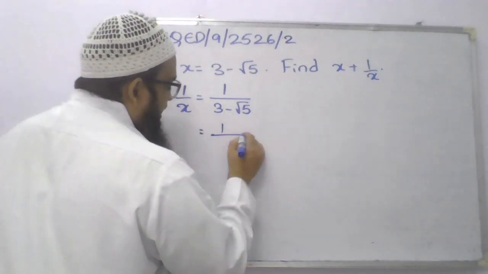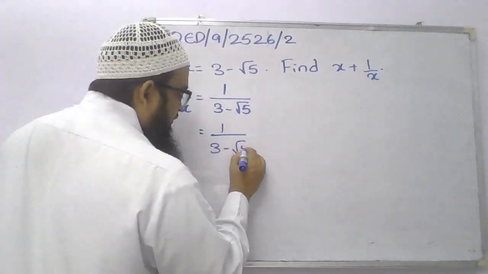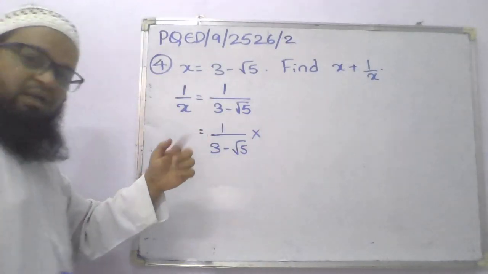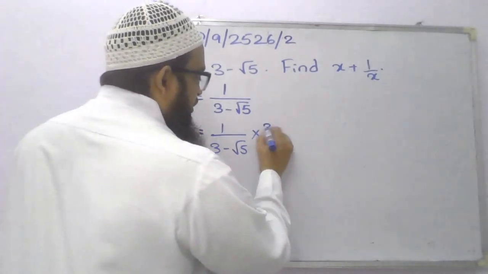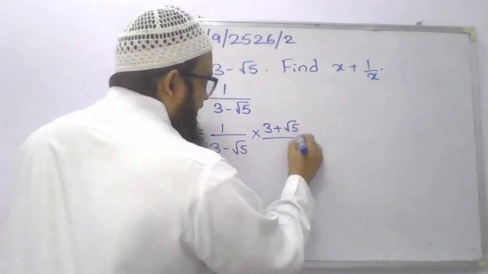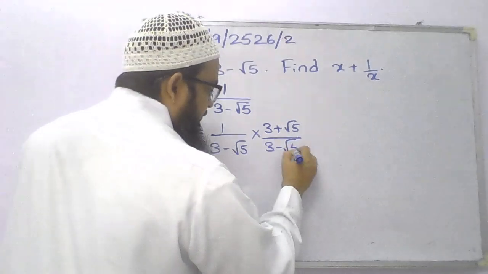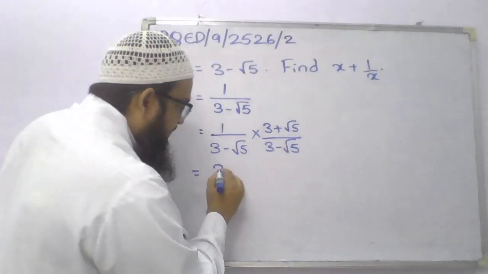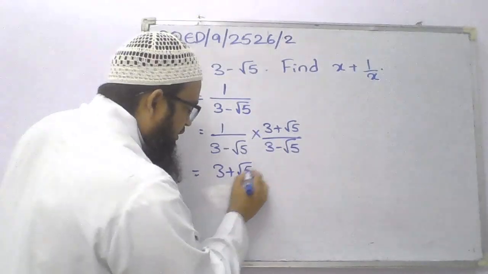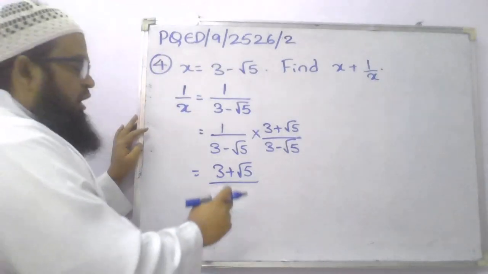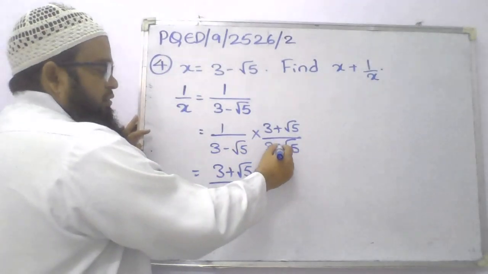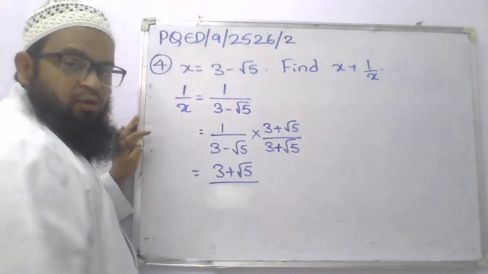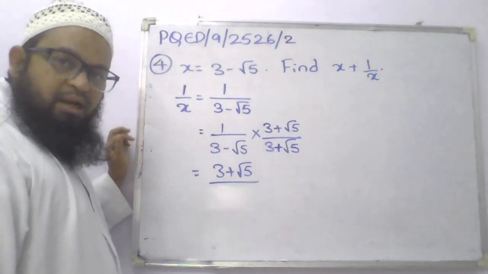That is equal to 1 by 3 minus root 5. And you have to multiply with its conjugate in numerator as well as denominator. So 3 plus root 5 divided by 3 minus root 5. 1 multiplied by anything, it is the same. 3 plus root 5 divided by, we have already seen that a minus b into a plus b, what happens? a square minus b square.